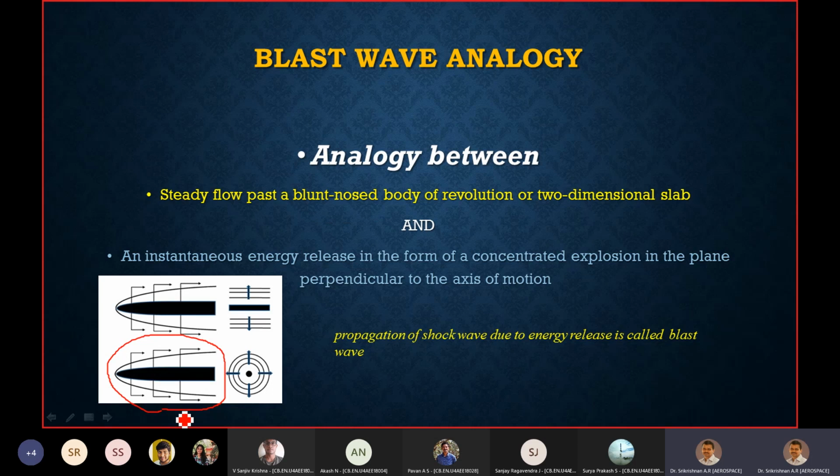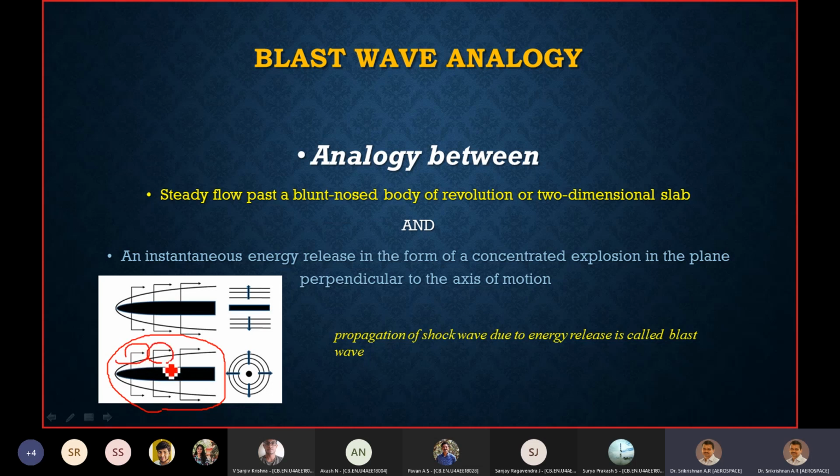Now, for a moment, assume that you have a body standing like this, maybe in an experimental wind tunnel or something like that, and then you have flow established. Let's assume steady flow. So you are going to have a shock as indicated there. And if I look at any cross section of it, and if I project it, if you take an end view, what do I mean by any cross section?